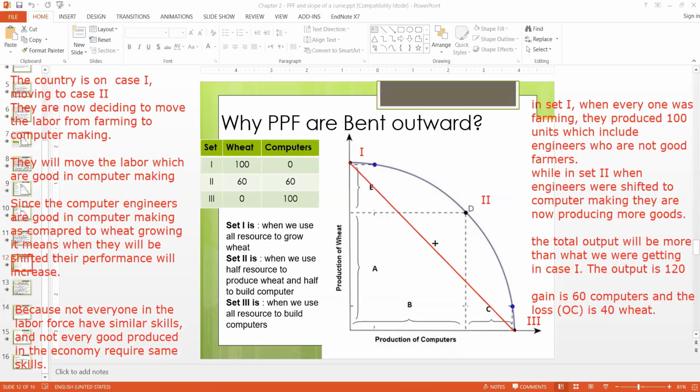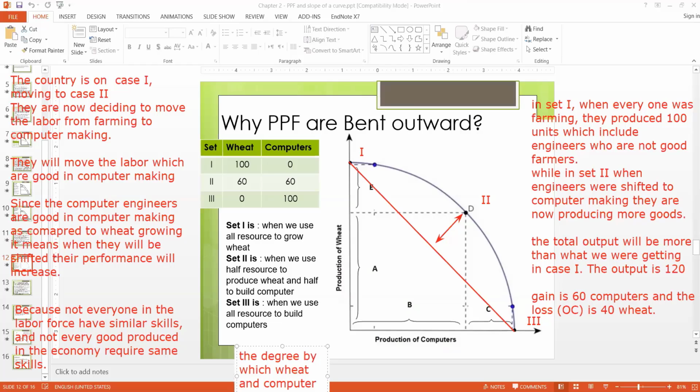So the distance between the straight line and the bent point is actually explaining what? It is explaining the degree by which wheat and computers differ.